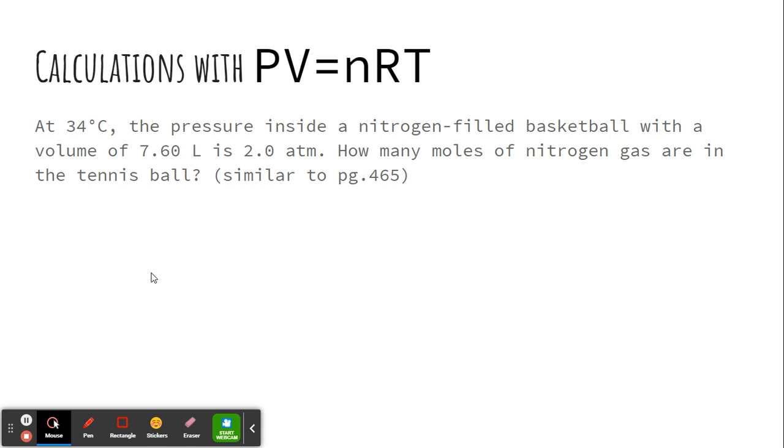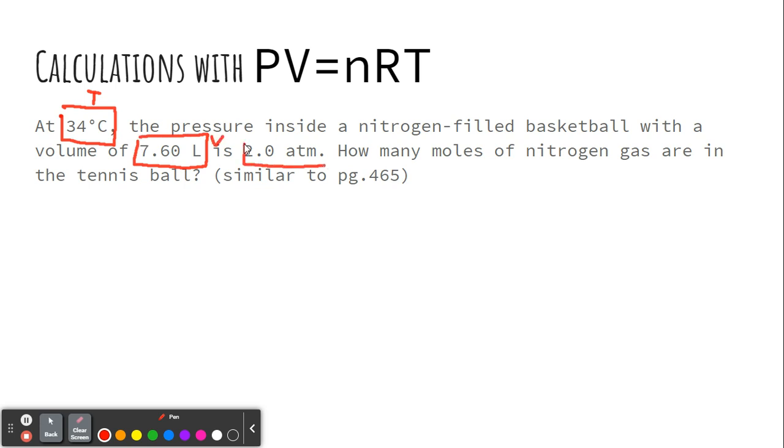So what does a problem look like if I need to calculate with PV = nRT? Let's practice our annotating while we read the problem. So at 34 degrees Celsius, data point, and I'm going to label that T for temperature. The pressure inside a nitrogen-filled basketball with a volume of 7.60 liters, okay, so that one's V, is 2.0 atmospheres.